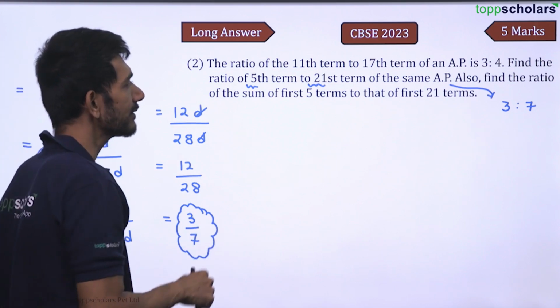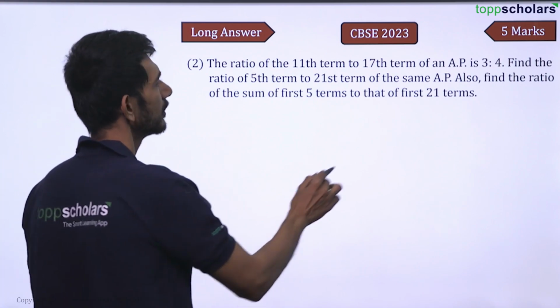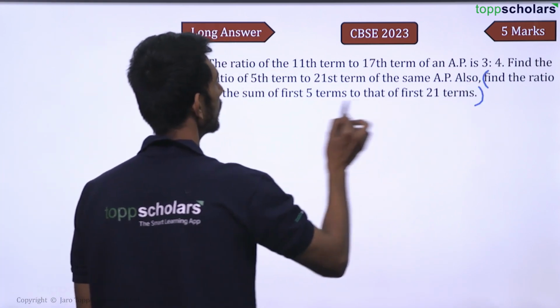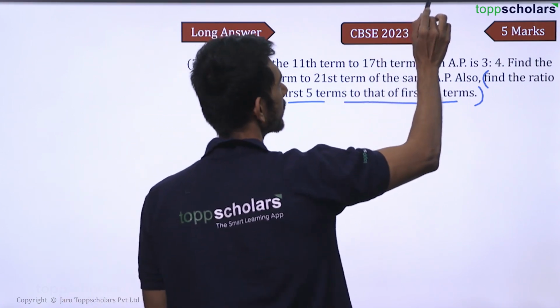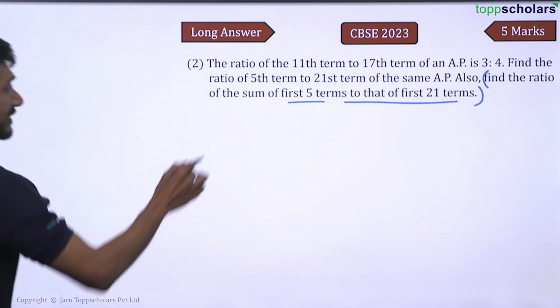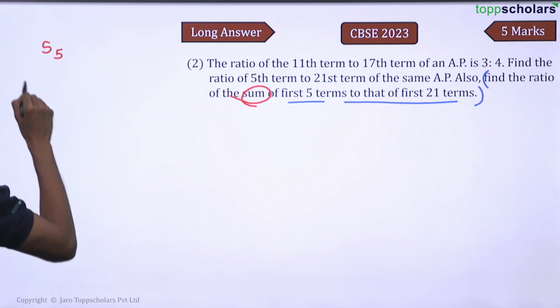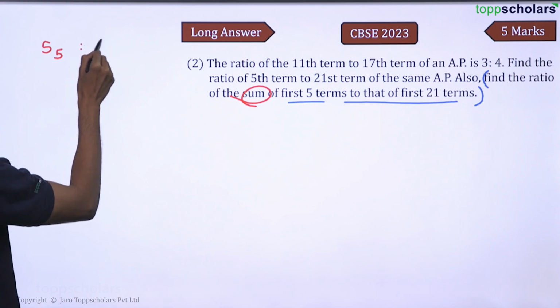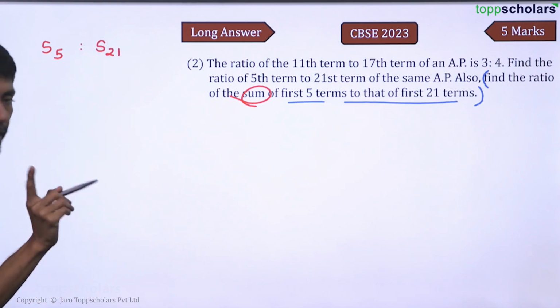Okay, now let us see how to find out the ratio of the sum of first 5 terms to that of the sum of first 21 terms. They are saying sum. Sum means S5. So can I say S5 is to S21? This is what we are supposed to find out, right?